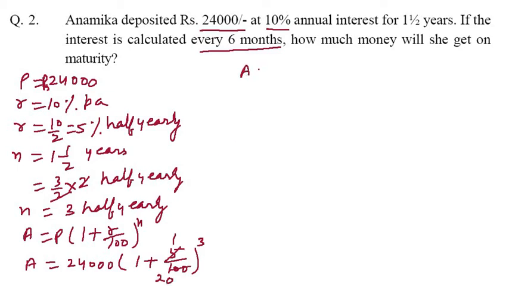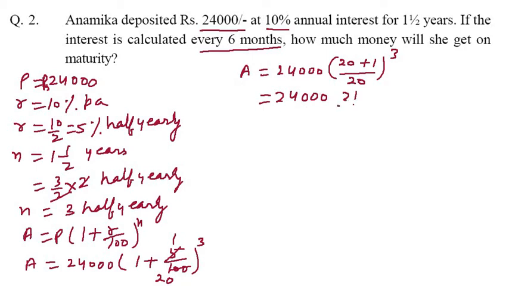So amount will be equal to 24,000, and here the LCM is 20, so 20 plus 1, and whole power is 3. So it will be 24,000 into 21 upon 20 whole power 3.